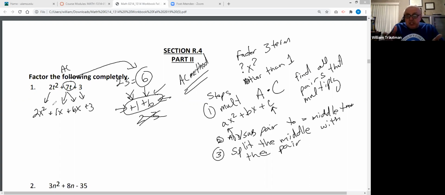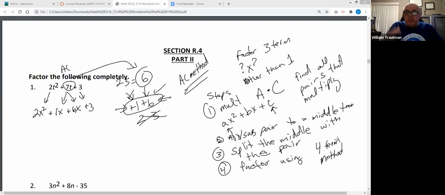So, do you see step 1, multiply AC and then find all pairs. Step 2, add or subtract the pairs to equal the middle term. Step 3, split the middle with those pairs. And then step 4 is something we already know. Factor using the 4-term method.